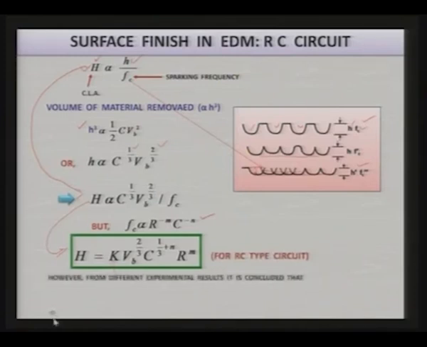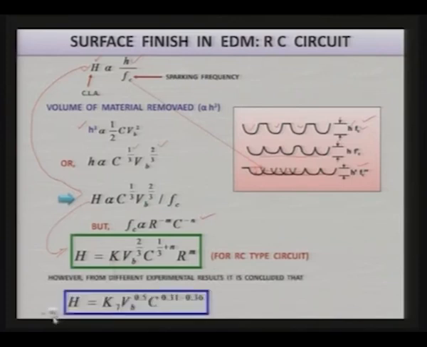However, from different experimental results, it is concluded that H is equal to some constant k, V_V raised to power 0.5, c raised to power 0.31 to 0.36, since the value of the exponent n plus 1 by 3 varies in this range, and whatever variation there is, that is taken care of by the constant.